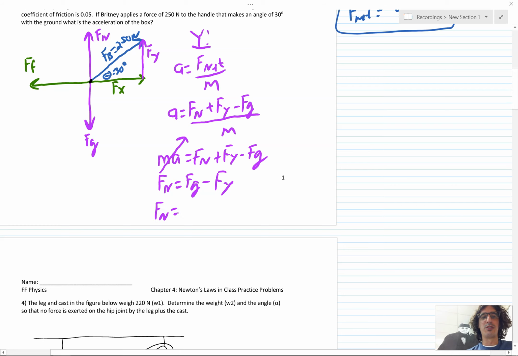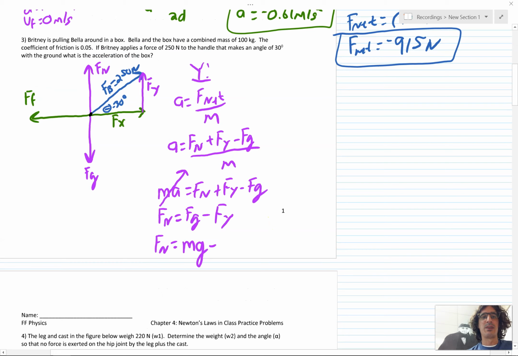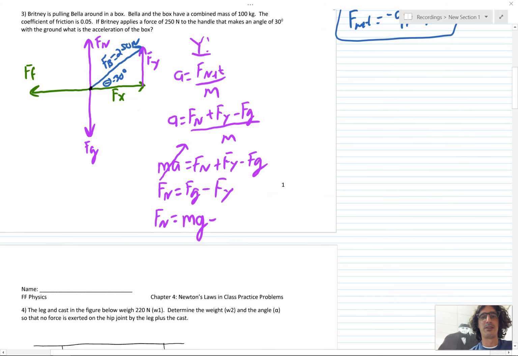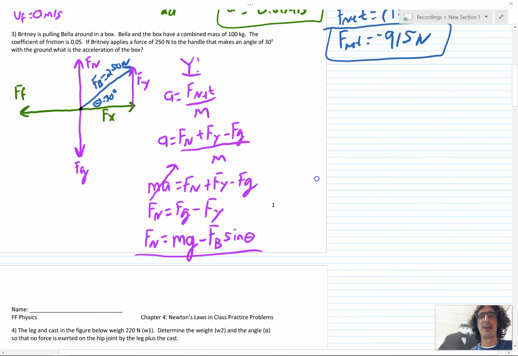The formula for the force due to gravity is the mass times the acceleration due to gravity, minus the force in the y direction, which is FB sine of theta. So it's the hypotenuse times the sine of the angle between the ground and the handle. So that'll leave us with F of Bella times the sine of theta. Let's leave this at that. We could plug and chug the values in, but we'll do that at the end.